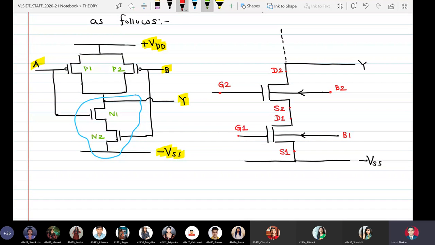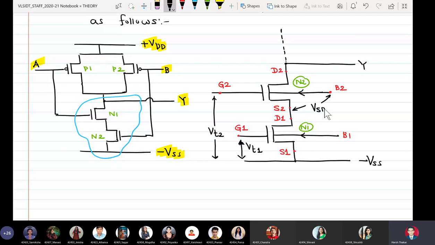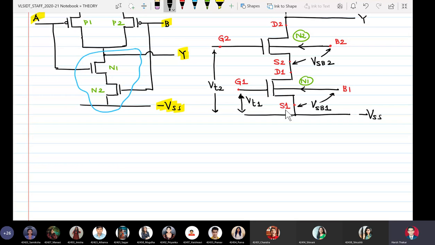We can show the threshold voltage of the upper transistor, so this is N2, this is N1, VT2, VT1, and most important is this potential VSB2, and here we have VSB1.